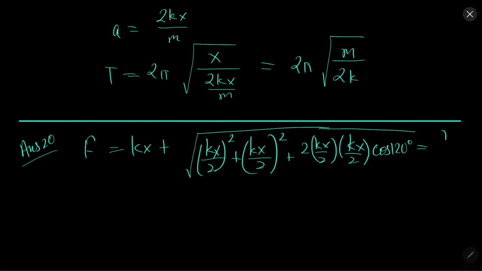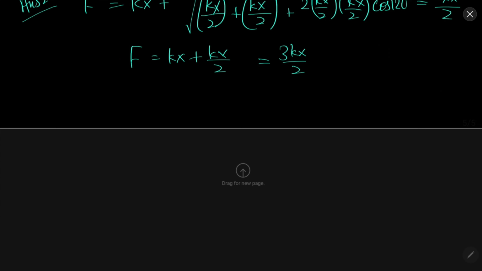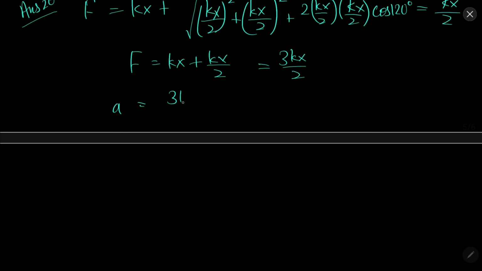Once you solve this, you will get kx by 2. So F will be kx plus kx by 2, 3kx by 2. So acceleration will be 3kx by 2m. Time period will be 2 pi root 2m over 3k.